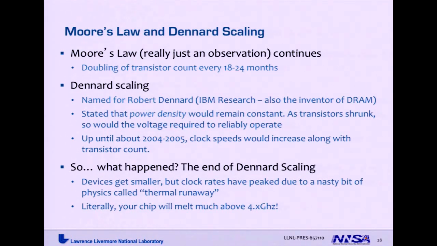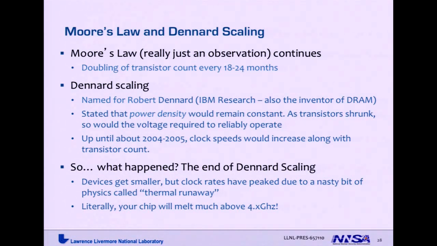This is getting a little bit in the weeds, so I won't spend too much time on it. Basically, as transistors shrank, which is what Moore's Law said would happen, so would the voltage required to run them, and the power density for a given area of silicon would remain about the same. Well, back in about 2005, 2006, Dennard scaling broke down due to something called thermal runaway.